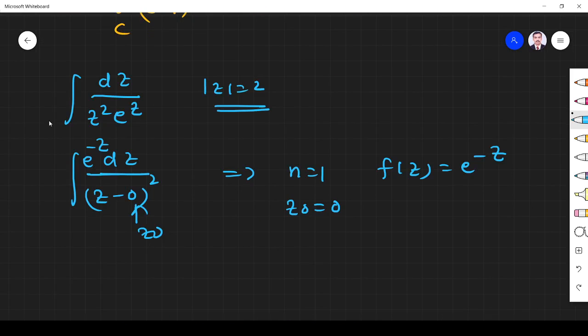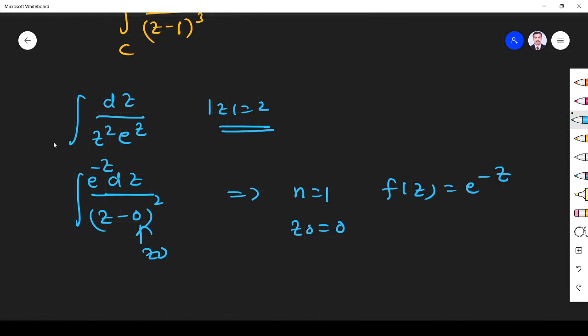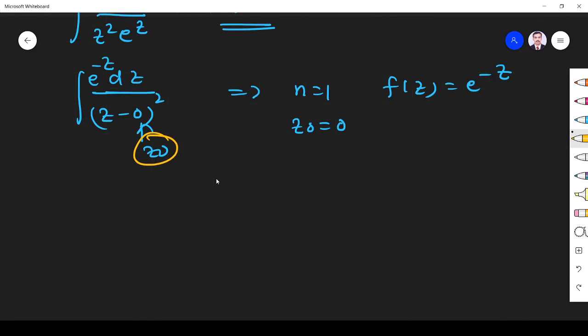First we have to check whether z naught is lying inside the curve. Whenever you solve a problem like this, check first. Here z naught is equal to 0. If you substitute, 0 is less than 2, so it surely lies inside the circle. It is the circle mod z equal to 2, and 0 lies inside it. So we can apply Cauchy's integral formula.